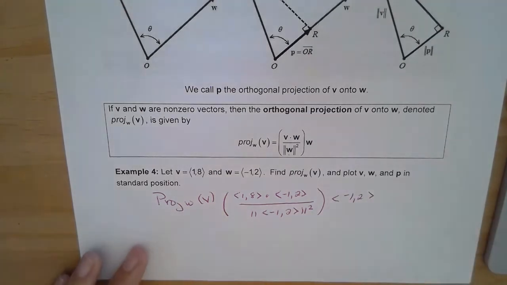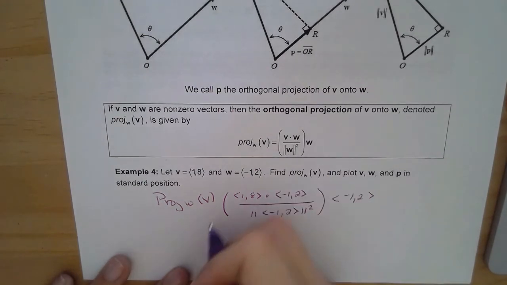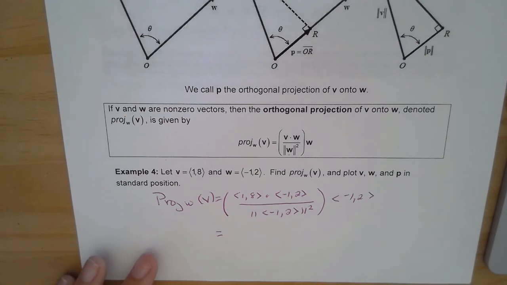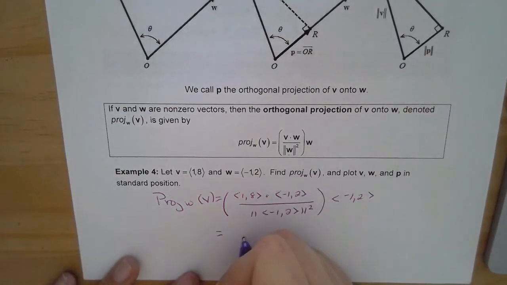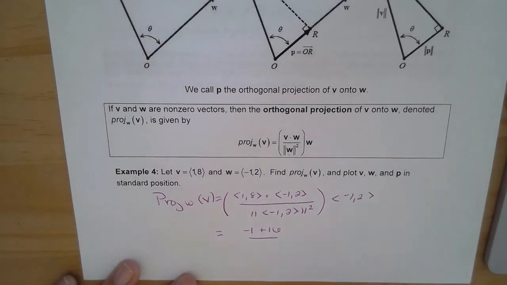Alright, so let's do some calculations out here. Our dot product comes out to be negative 1 plus 16, all over the magnitude, which is the square root of 5, and we know we have to square that.